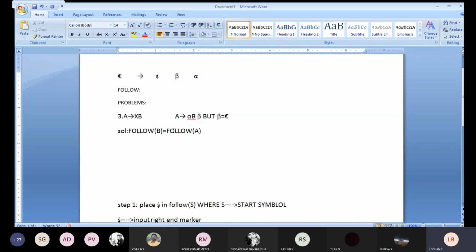In this case we will be substituting the formula follow of B equal to follow of A. Once you are completed, you just inform me. We'll move to the next problem.